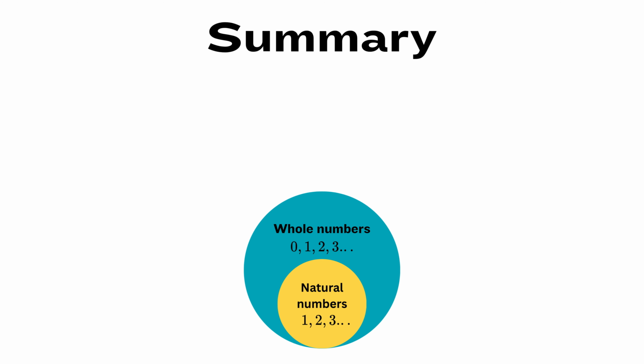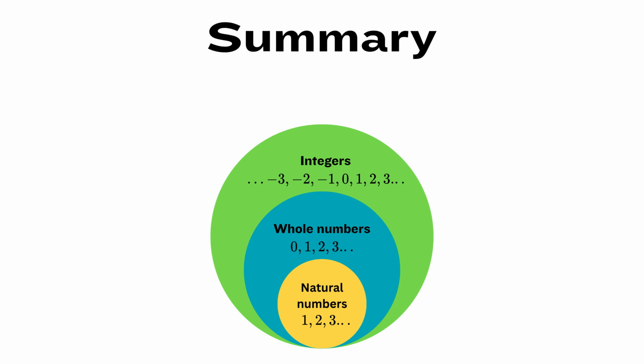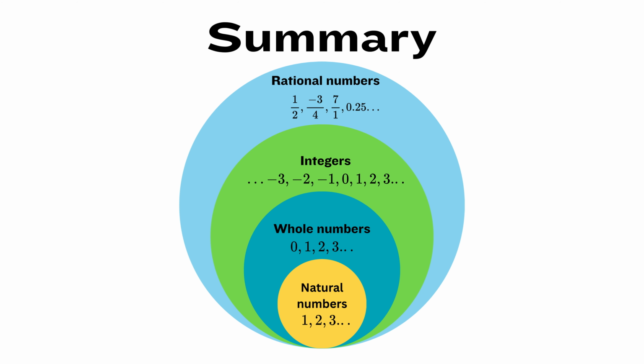Alright, let's quickly wrap up what we have covered so far. In the world of numbers, we start with natural numbers, counting numbers like 1, 2, 3 and so on. Add 0 and we get whole numbers. Bring in the negatives, now we have all the integers. Mix in fractions and decimals that can be written as a ratio of integers, those are the rational numbers.